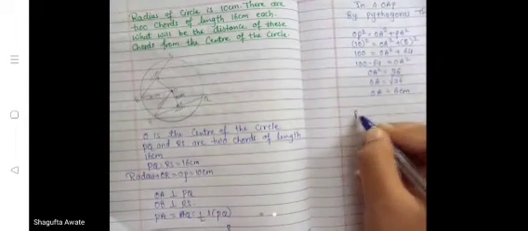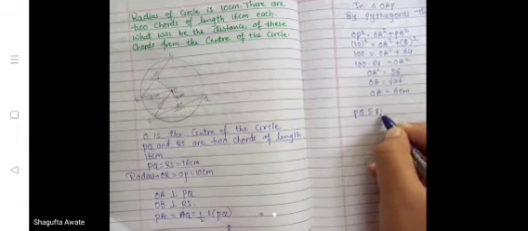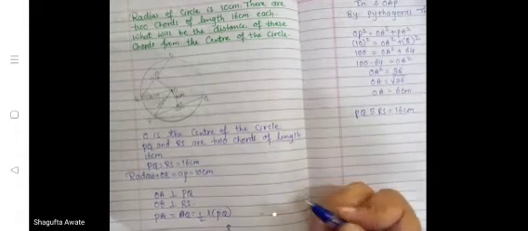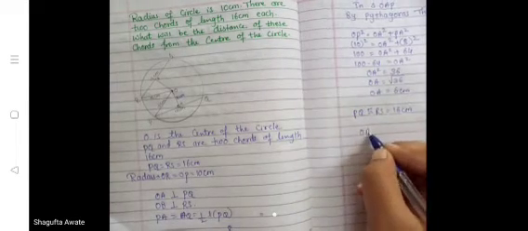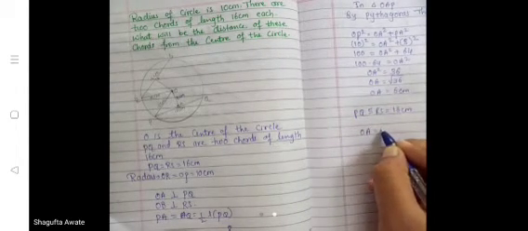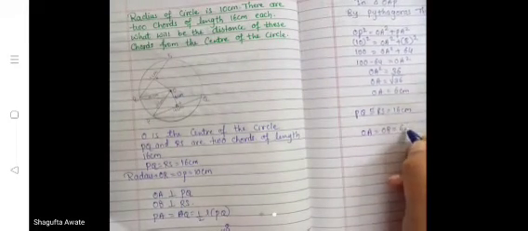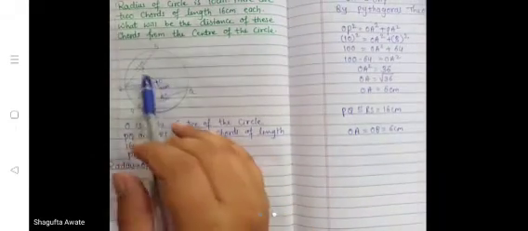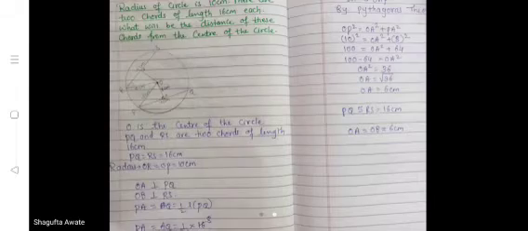So we can write that chord PQ is congruent to chord RS, which is equal to 16 centimeter. So the congruent chords are equidistant from the center. So we can write, if the length of OA is 6 centimeter, then OA is equal to OB is equal to 6 centimeters. So both the chords are at the distance of 6 centimeter from the center of the circle.